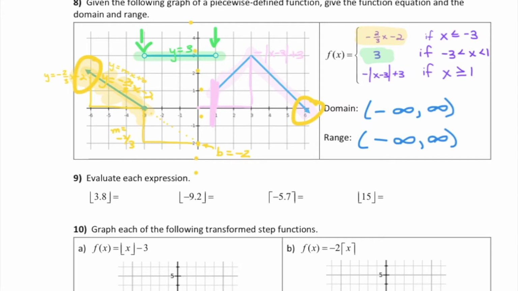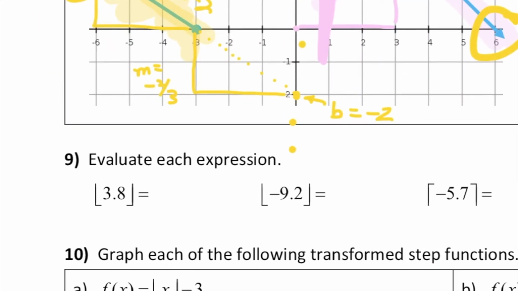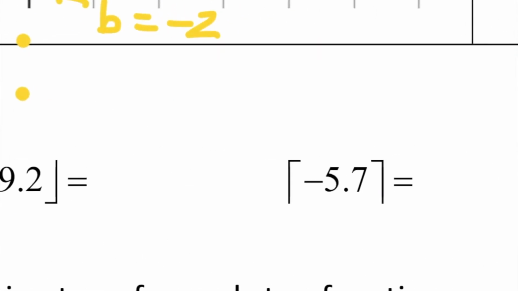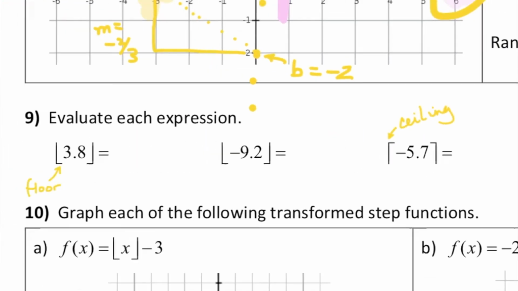Number 9 and 10 get into the floor and ceiling functions. Remember that the notation for the floor has the little half bracket at the bottom, and that just means round down. And the one that has the half bracket at the top, that's ceiling, and that's round up.